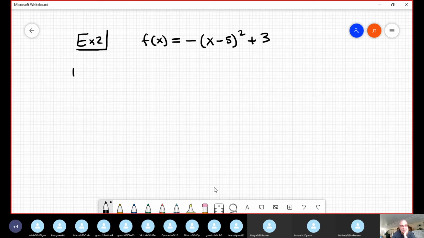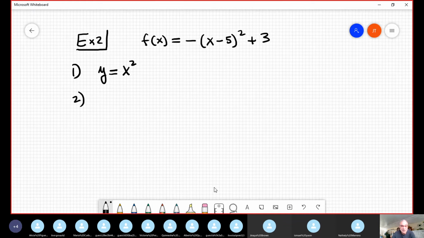Okay, the number 1 step is to identify which function in the collection of the library we have belongs to this example. What do you think, guys? Come on, activate the microphone. In the collection of functions, what do you suppose it is? It's a parabola. Very well. It's y equals x squared. Parabola, or quadratic function. Either way you want to call it.